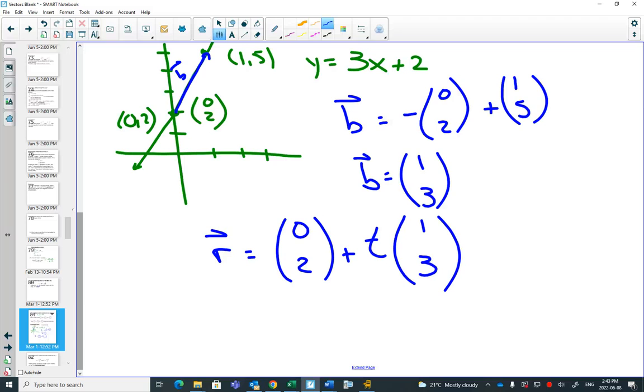Now the parametric equations say that all of my x coordinates are always going to be 0 plus t, or whatever t is. And all of my y coordinates are going to be 2 plus 3t. That's the parametric equation. They look at each coordinate, the x coordinate and the y coordinate separately.